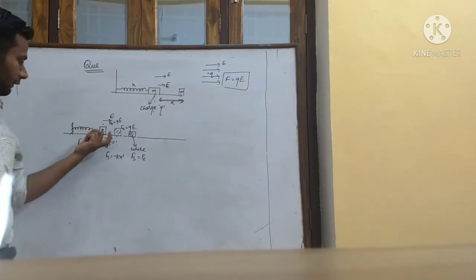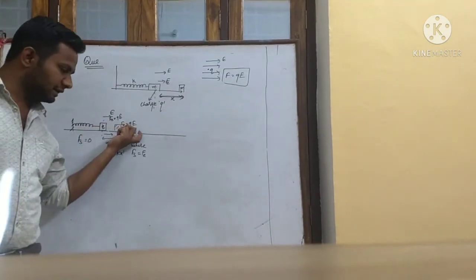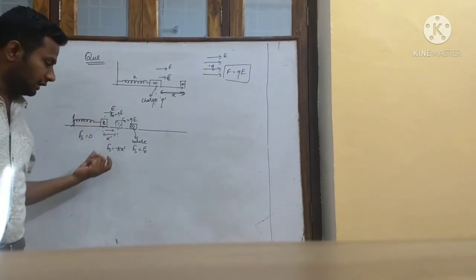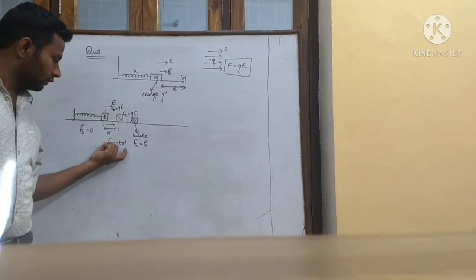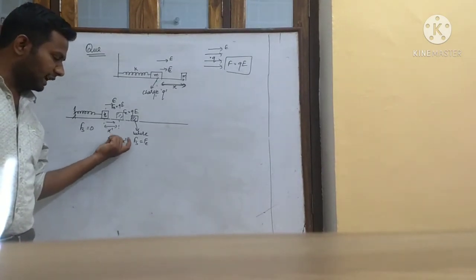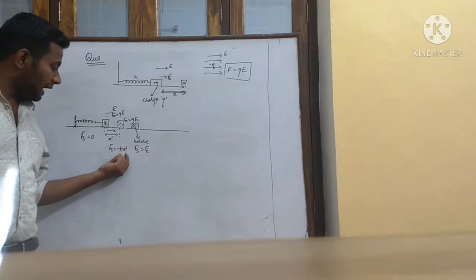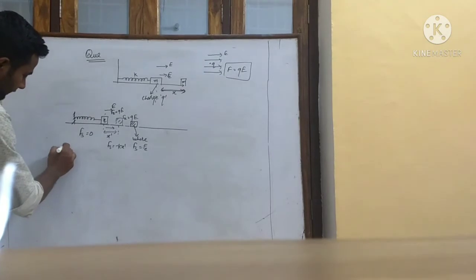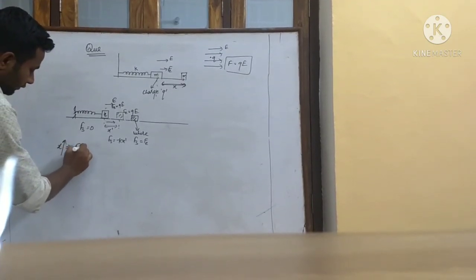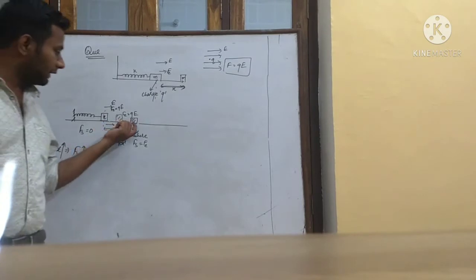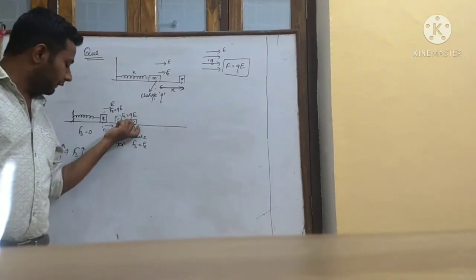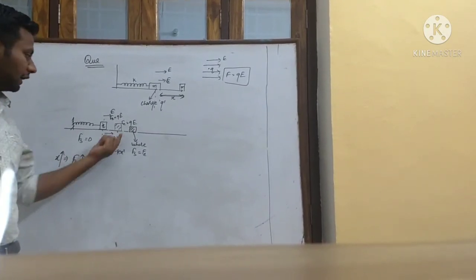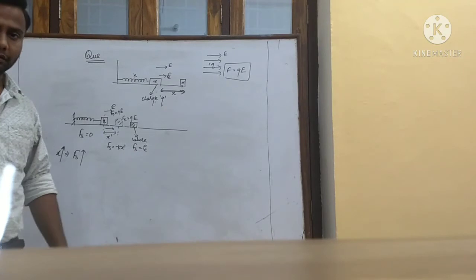Listen again. When this block starts moving in this direction, there will be a stretch in this spring. Because of that stretch, you will get a restoring force due to the spring. That value will be minus kx. As x increases, we know Fs increases. As x increases, the restoring force increases. So definitely you will get a position of the block where this restoring force due to the spring will be equal to the electrostatic force.